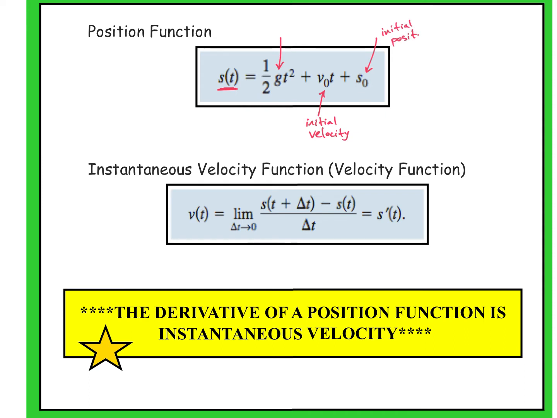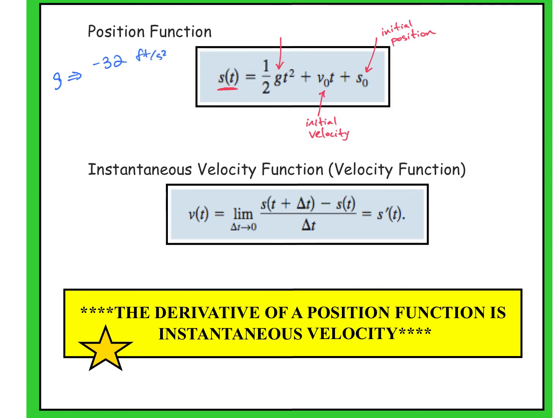So the initial is where it starts out. It starts out at a certain position. It starts out launching or falling at a certain velocity sometimes. And then we have our gravity constant out front. Now, I'm just going to go ahead and give you your gravity constant now. Our gravity constant, when we're in customary units, is negative 32 feet per second squared.